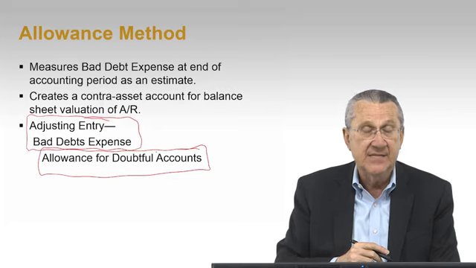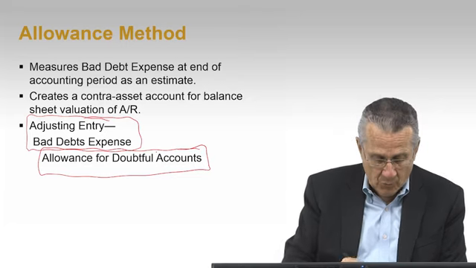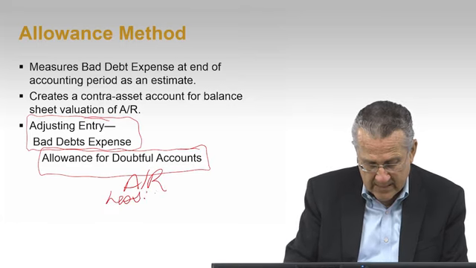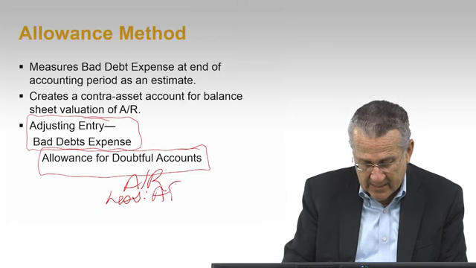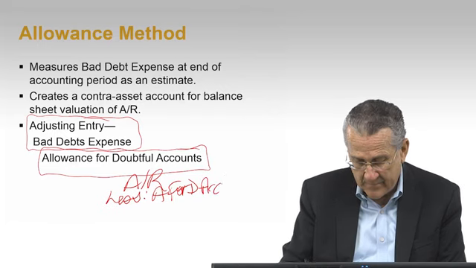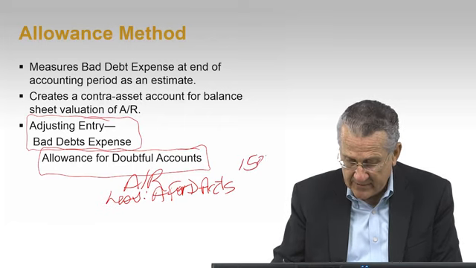Our contra asset account, though, will be a balance sheet account. And as a consequence, it will live on. And on our balance sheet, we're going to report accounts receivable less the allowance for doubtful accounts. This could be $15,000.